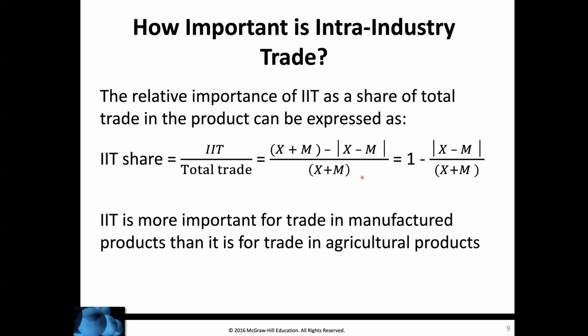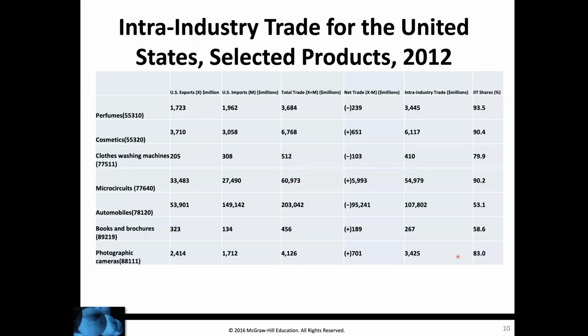Total trade is X plus M. IIT is X plus M minus the absolute value of X minus M. So we can simplify this to 1 minus the absolute value of X minus M over X plus M. IIT is more important for trade in manufactured products than it is for trade in agricultural products. So let's take a look.